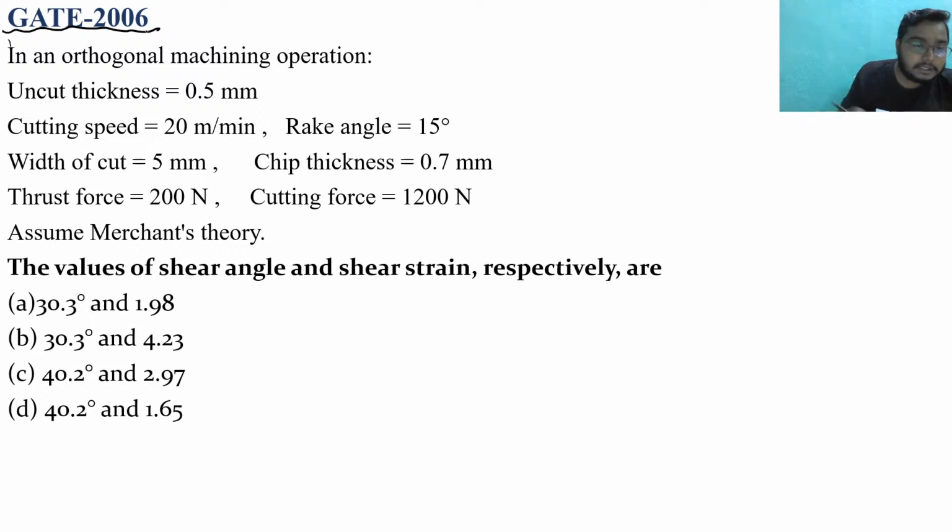See, uncut chip thickness is given. I'm giving you 2 minutes. Solve it. If you have any problem, then I will explain it. You have to find the shear angle and shear strain.